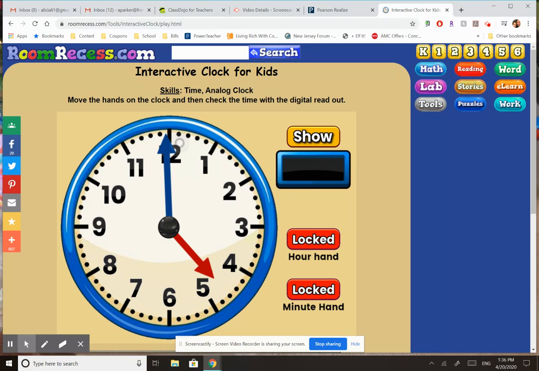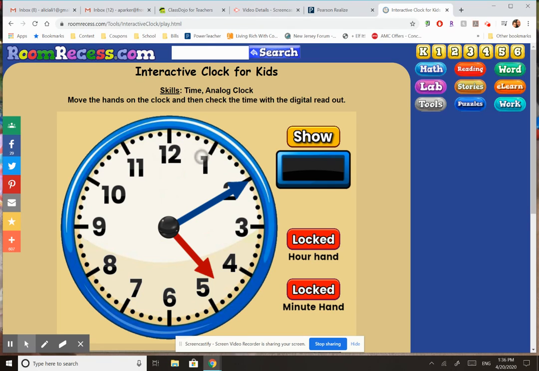Now, do you see these little dots up here? This is your minute, okay? Each of these dots is 1 minute. So we got 1, 2, 3, 4, 5. Once it touches the 1, it's 5, 6, 7, 8, 9, 10. So these are actually multiples of 5.